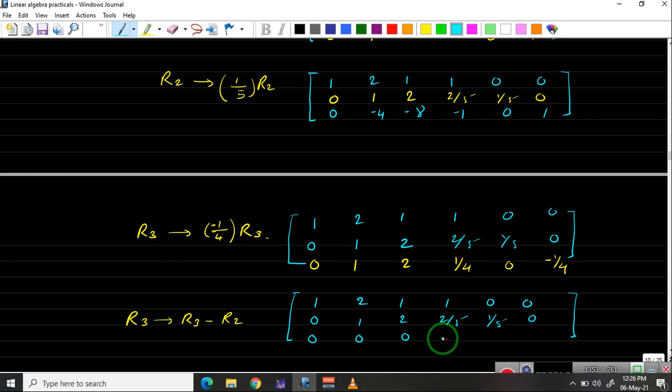We can calculate that. We will get minus 3 by 20, and 1 upon 0 minus 1 upon 5, it is minus 1 upon 5, and this is minus 1 upon 4. And now notice that this is a row which is entirely 0.